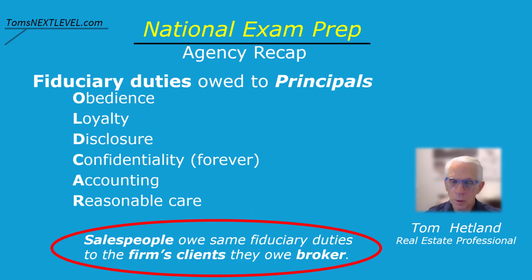And remember from our scenario that salesperson Tom owes the same fiduciary duties to the firm's clients that he owes to his principal, broker Bob. These fiduciary duties are all recapped and reviewed in my agency video, part of my National Exam Prep playlist.